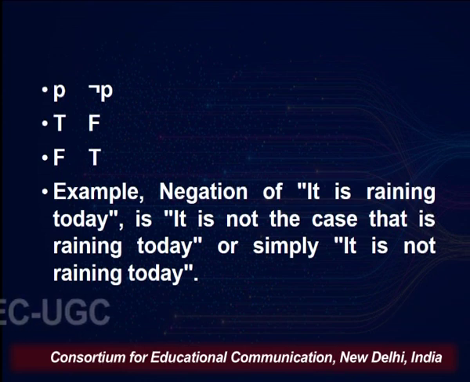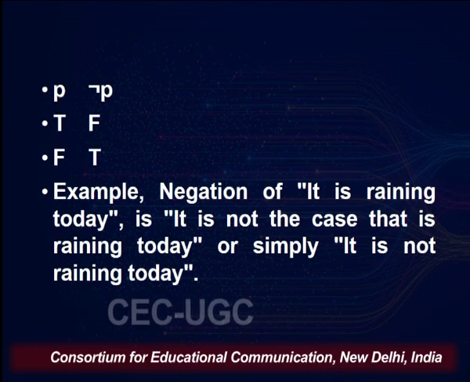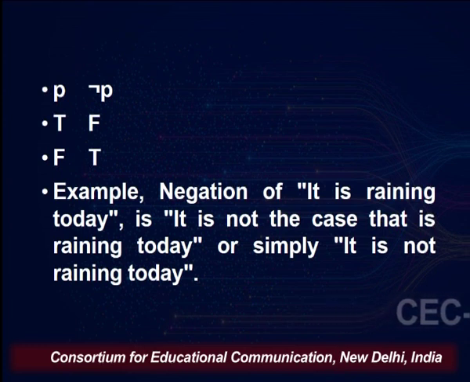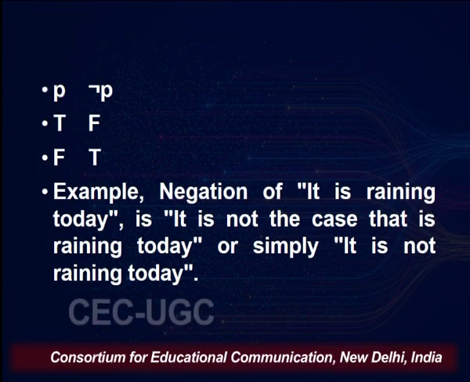On one side it is P, on the other it is not P. If P is true, not P is false. If P is false, not P is true. For example, if it is raining today, the negation is it is not raining today, and vice versa.